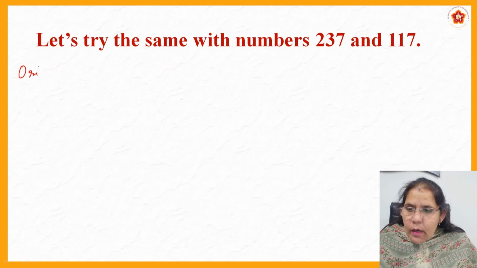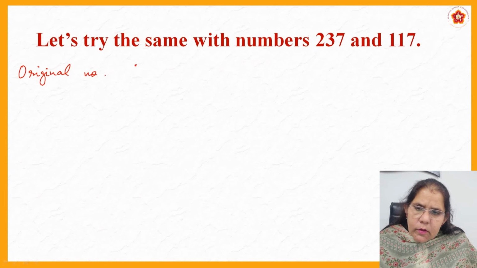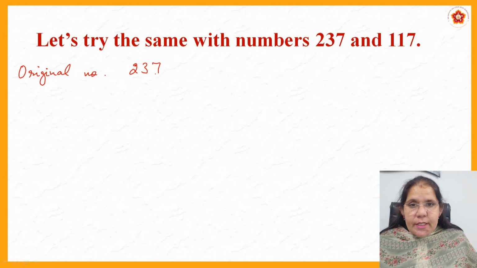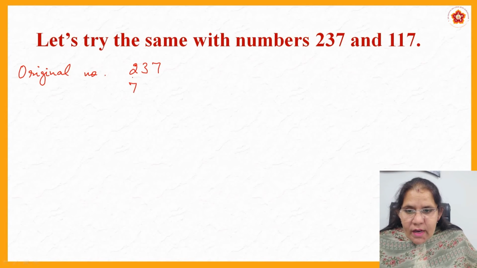So our original number is 237. We have to form two more numbers using the same digits. Last one is 7. I'll put 7 here. 2 and 3 will be copied in the same sequence.